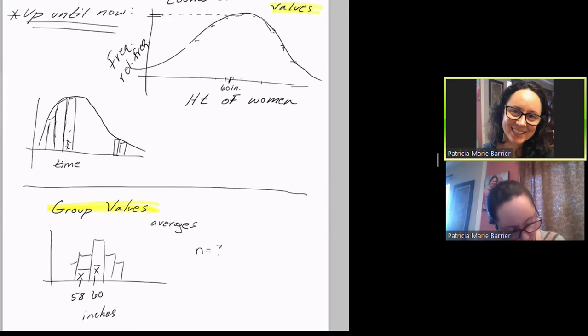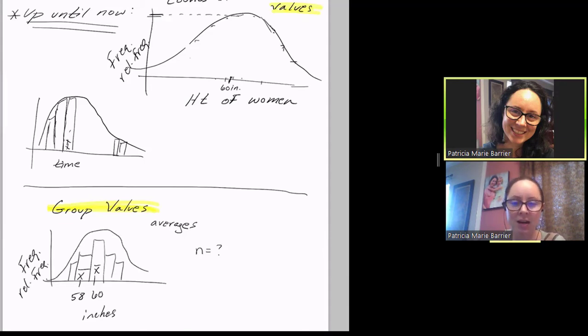And when using averages, we still end up with a similar mentality with a histogram of looking at frequency or relative frequency, where the height of these bars is now representing the number of times that average would have occurred.